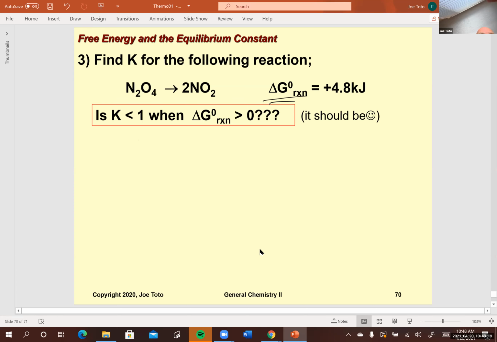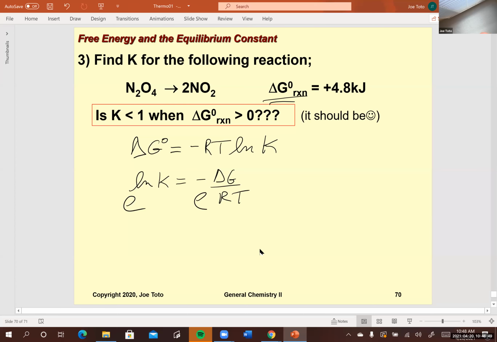From our previous discussion, we know that delta G0 equals minus RT ln K. So if I want to calculate K, I know that ln K equals minus delta G over RT. And I wanted to get rid of that ln, so I used the anti-function, or the e to the ln.